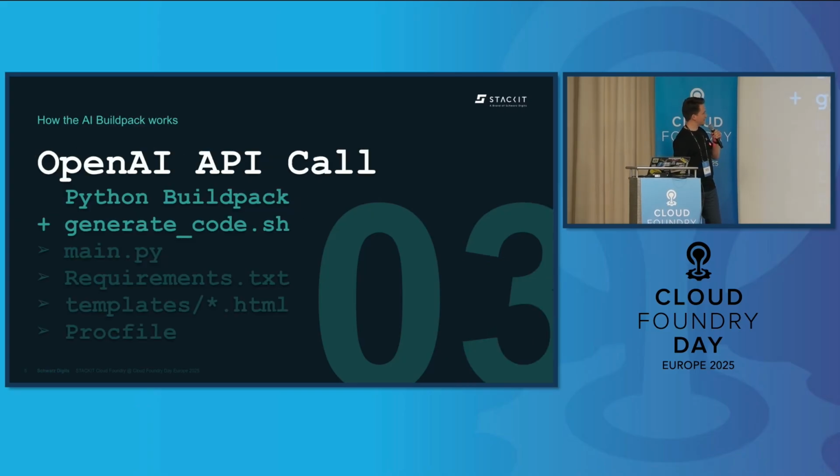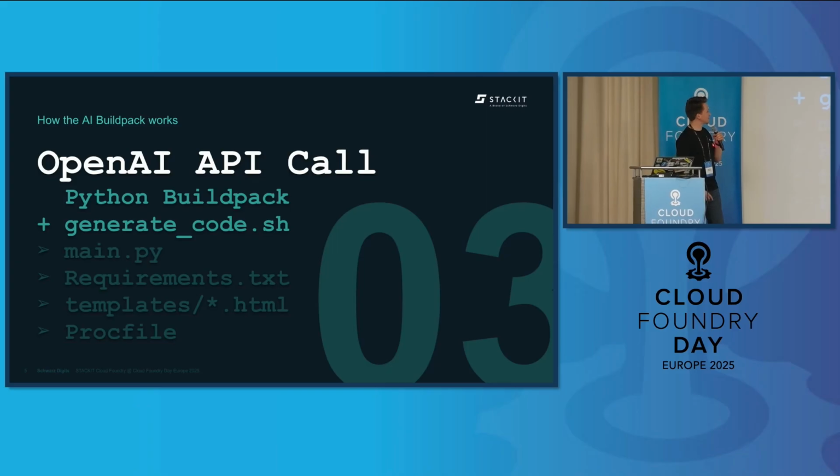So how does it work? So I just borrowed the Python build pack and injected a script, generate code, that actually calls an OpenAI compatible LLM. So you can use either the one that we provided STACKIT from our model service, but if you're not a customer yet, this would not work.